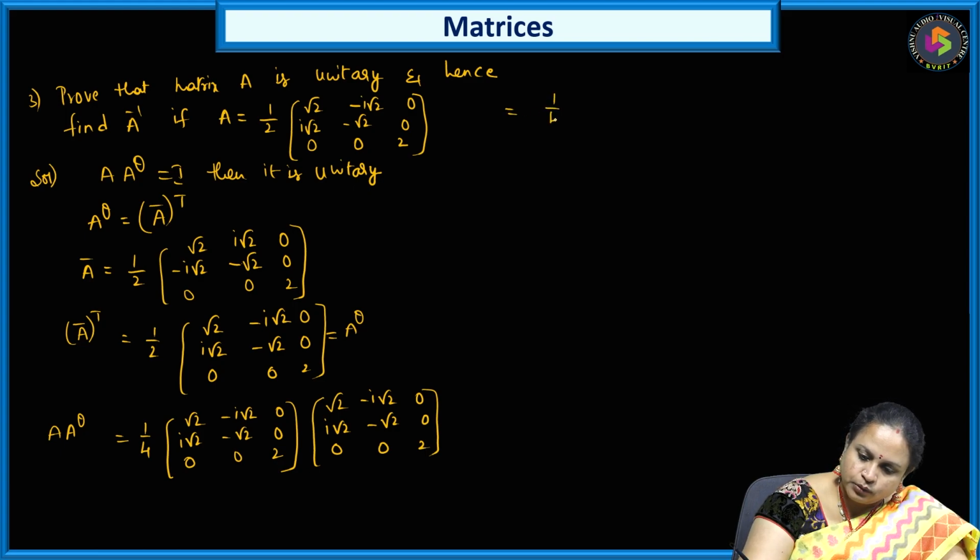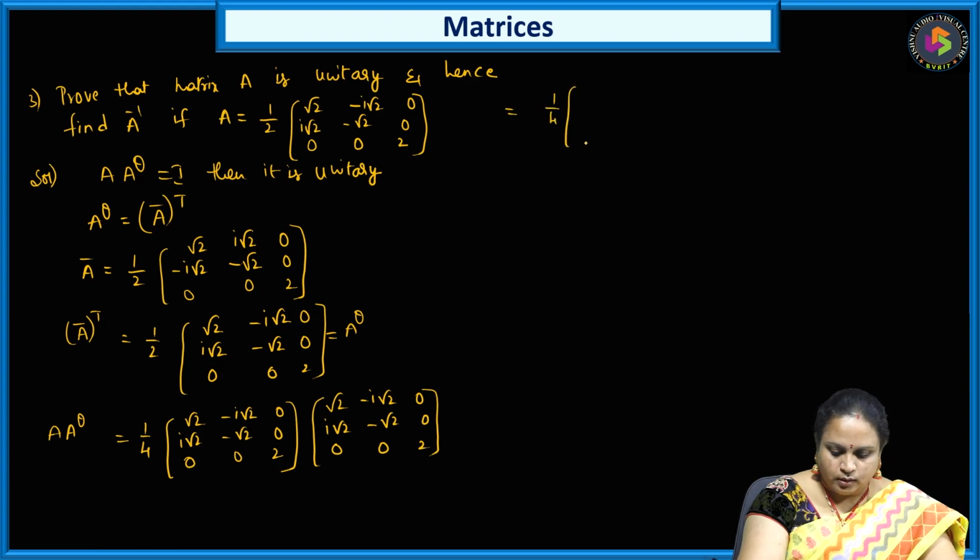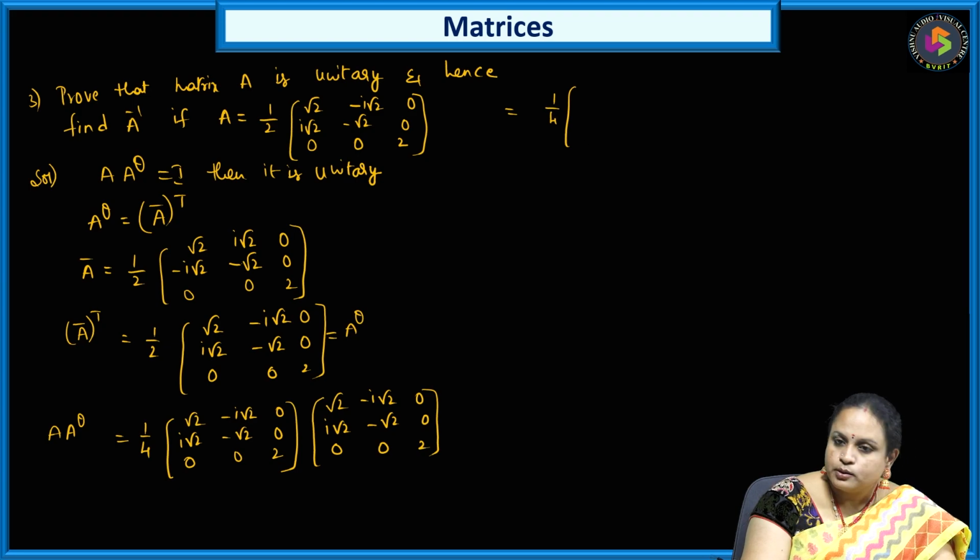So 1 by 4 into, root 2 into root 2 is 2, plus 2, 4. Then here it will be 0. And here it will be 0, 0, 0, 0. So this will be I root 2 into root 2 is plus I root 2 minus I root 2, 0.